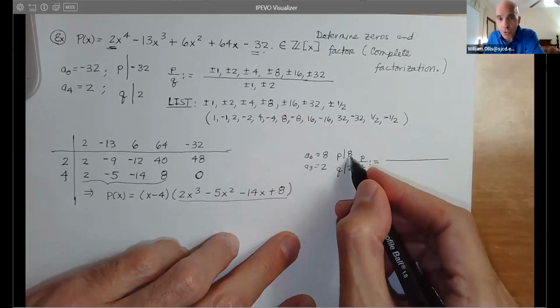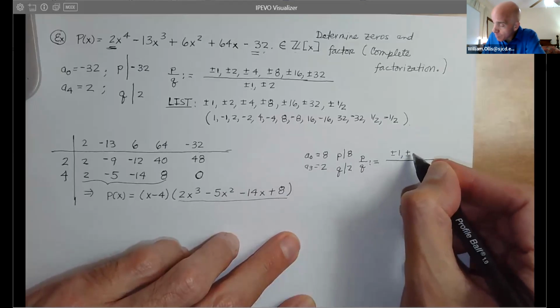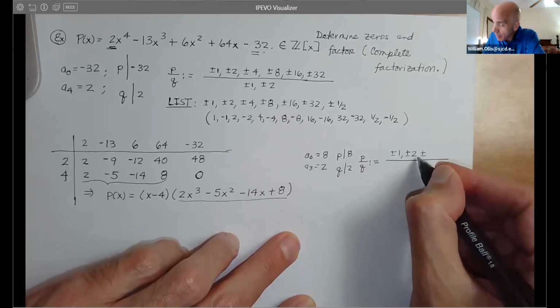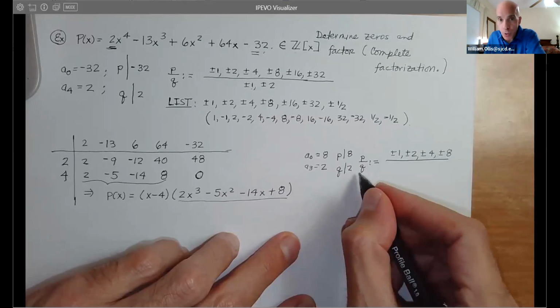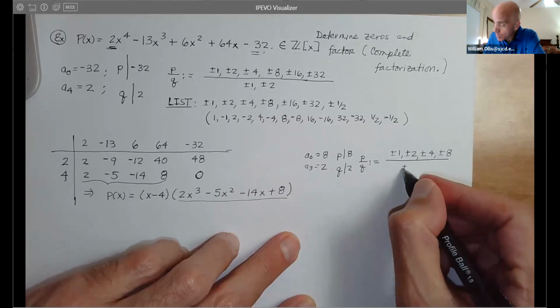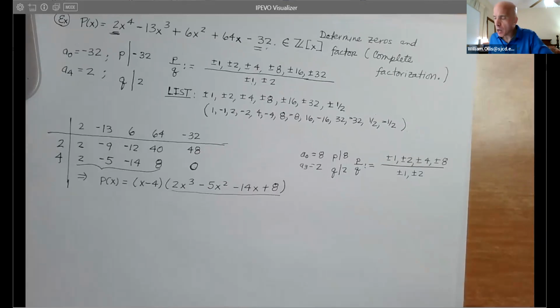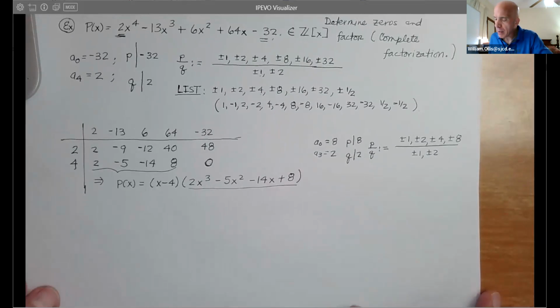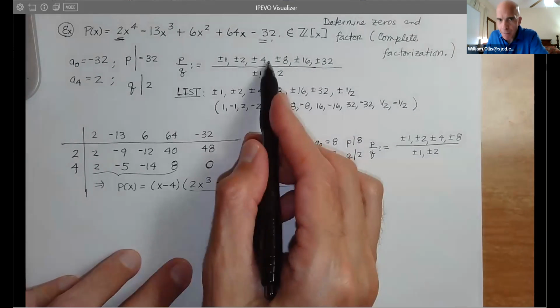So the factors of 8: plus or minus 1, plus or minus 2, plus or minus 4, and plus or minus 8. And then, of course, for 2, we get the same thing, plus or minus 1, plus or minus 2. Now, what we can notice here is that we're at the same point we were before.